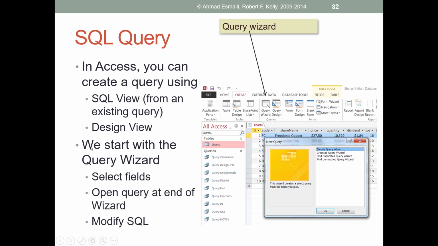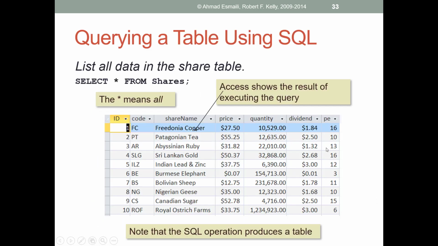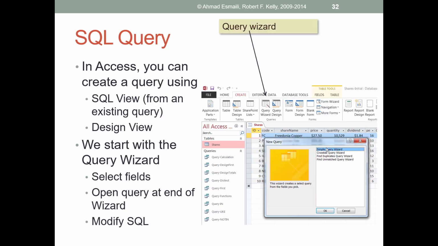So what you should be doing, you start with a query wizard right here, and then when you do that, you select fields. When you say query wizard, this is what you will see, and you should say simple query wizard. That's what I did. After that, you need to select some fields, right?